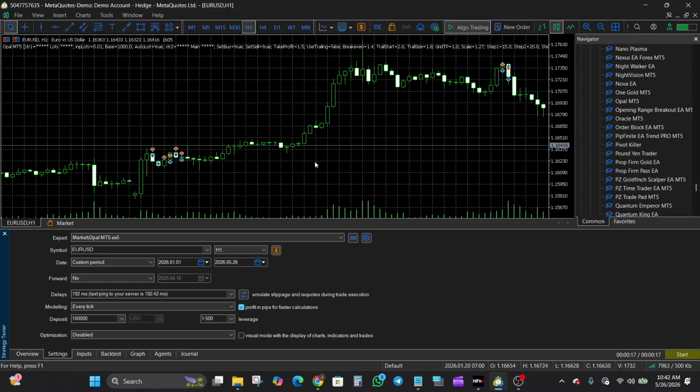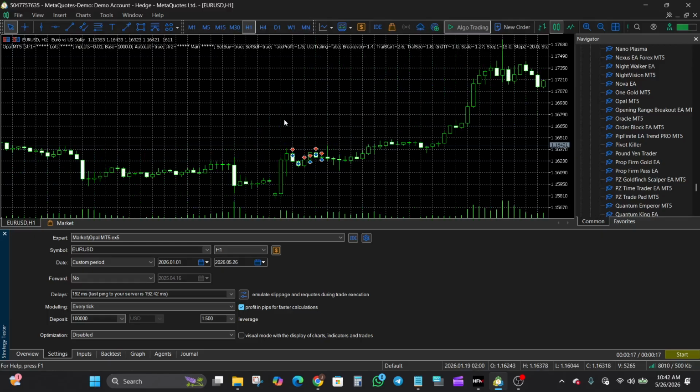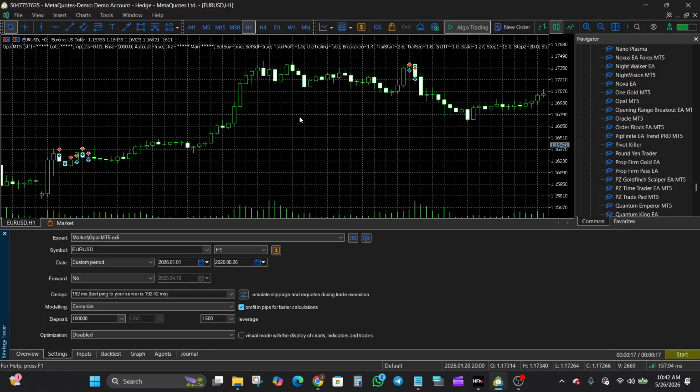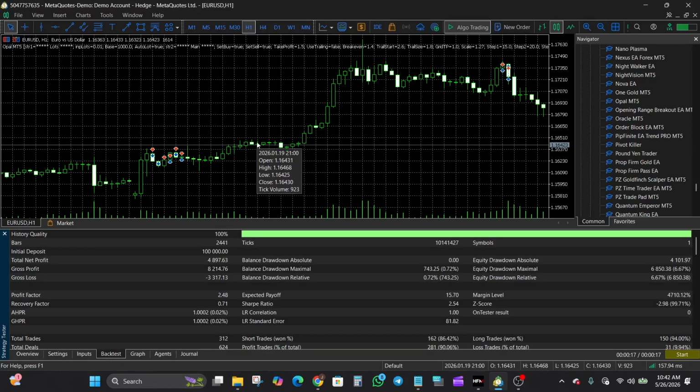From what I can observe on the chart, the EA is reacting to market movements automatically, likely combining its filters and timing logic to determine when to participate in the market and when to stay out. Okay, now when you look at the overall structure of the historical results, it's important to remember that performance can vary significantly depending on risk settings, lot size, spreads, execution speed, and broker conditions.